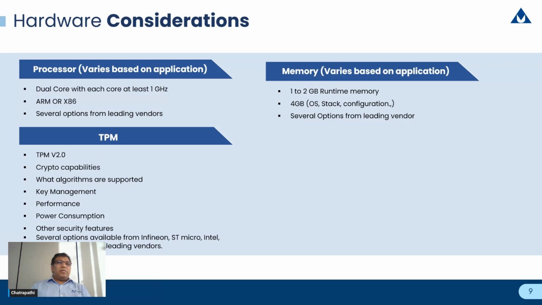Again, it varies depending on different types of applications and for exactly what kind of application or domain you're building your controller, and then what kind of processing powers, what kind of data exchange is required, what are the performance requirements in terms of the number of connections, and then the data that needs to be exchanged on each of these connections, and the rate at which the data needs to be exchanged.